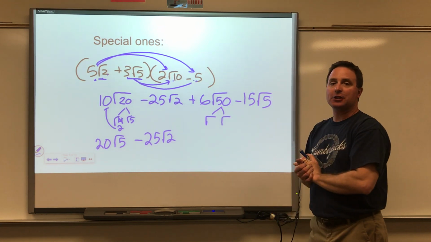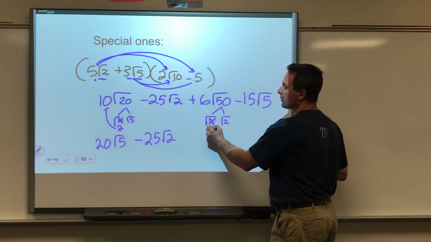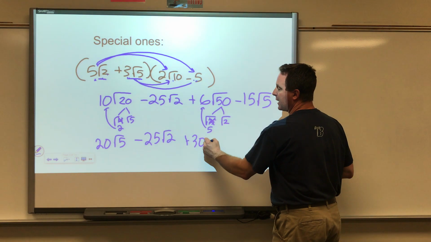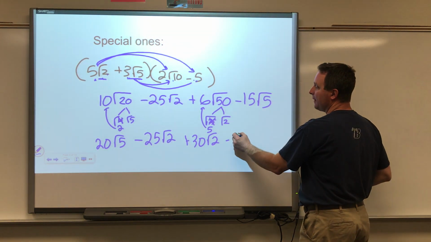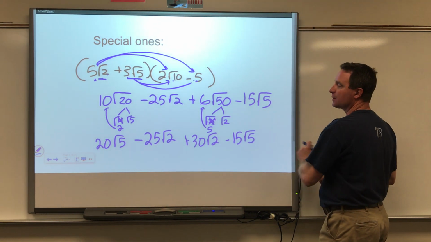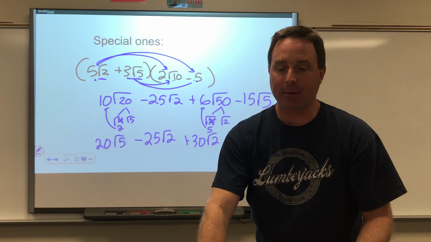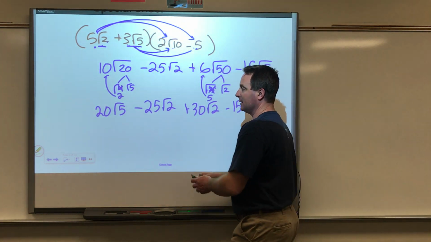But if you look at your factor sheet, 50 has 25 times 2, and the square root of 25 is 5. 5 times 6 is 30 square roots of 2. And the square root of 5, that's as far as I can go, minus 15 square roots of 5. Okay? Now, hey, look at that. I think I came across something here where I do have some like terms that I can combine.